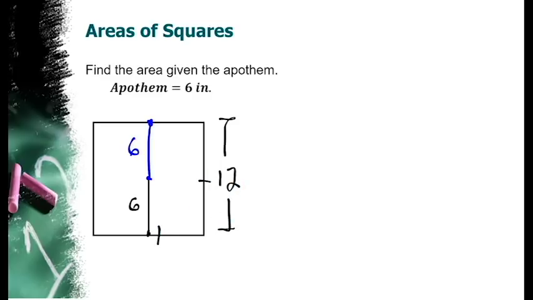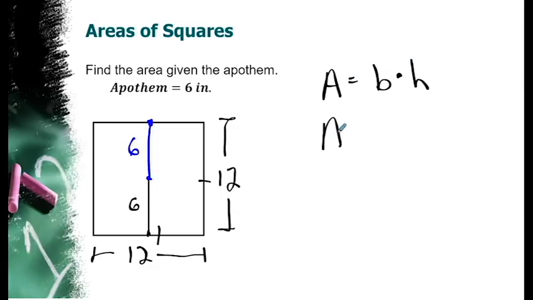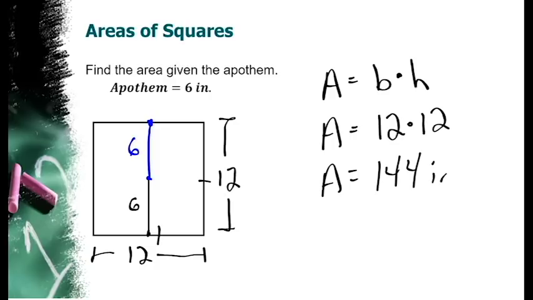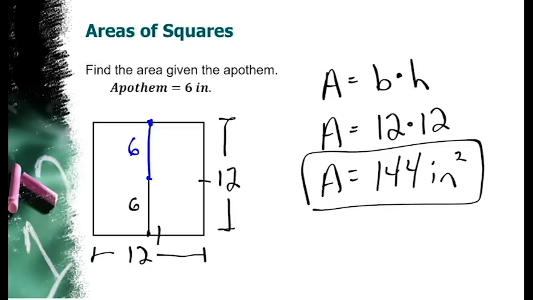Being a square, if that's 12, our side down here would also have to be 12. That gives us a base and a height of our square, enough to finish off our formula using base times height. So again, we ended up with 12 times 12. Just a coincidence that we ended up with the same thing again. And we get 144 square inches for our answer for the area of that square.